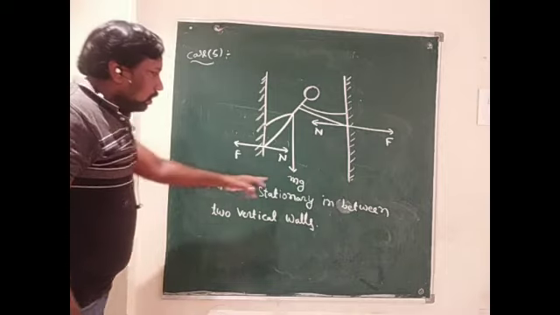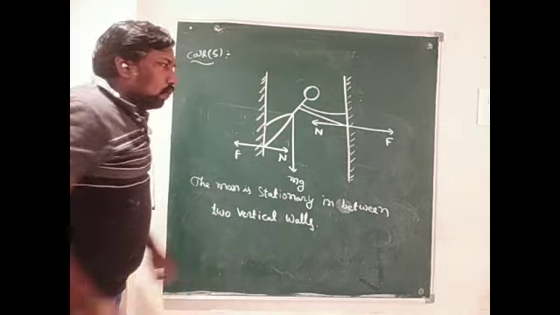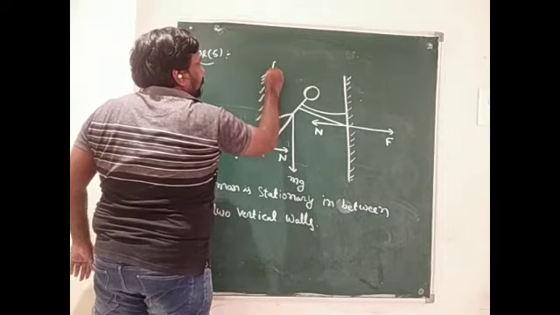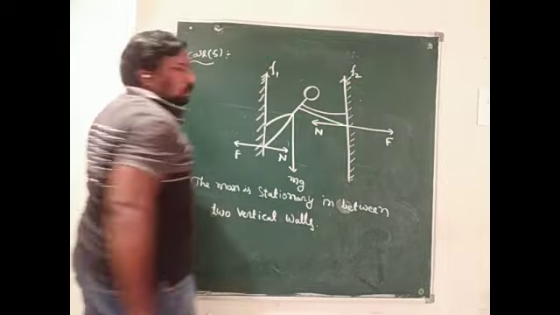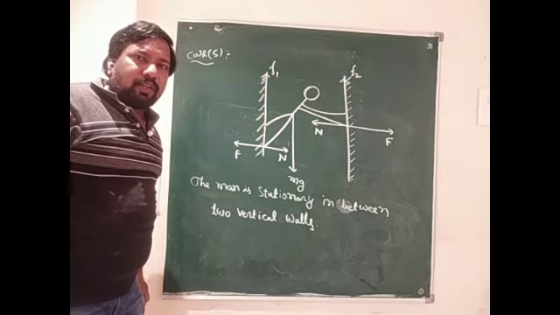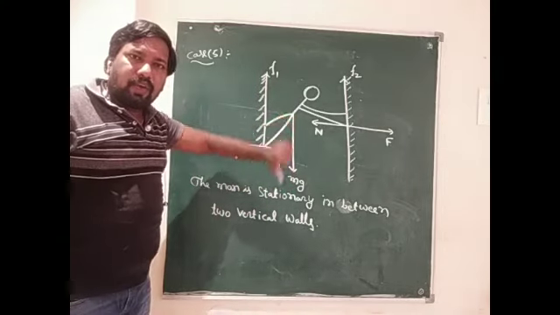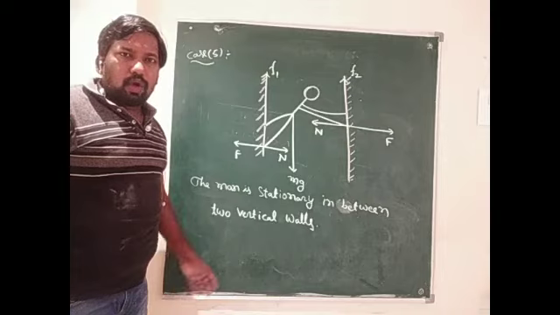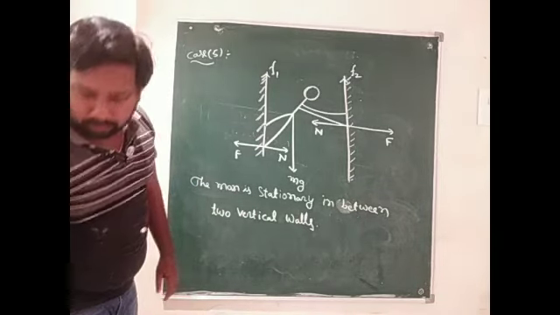So here the total weight of the body is in the vertically downward direction, and frictional forces F1 and F2. So here there are two frictional forces acting on the body in the vertical direction, and the total weight of the body is vertically downward. So now when a body is stationary, upward force is equal to downward forces.